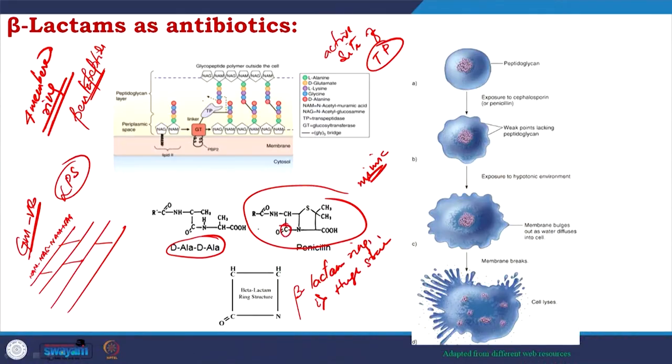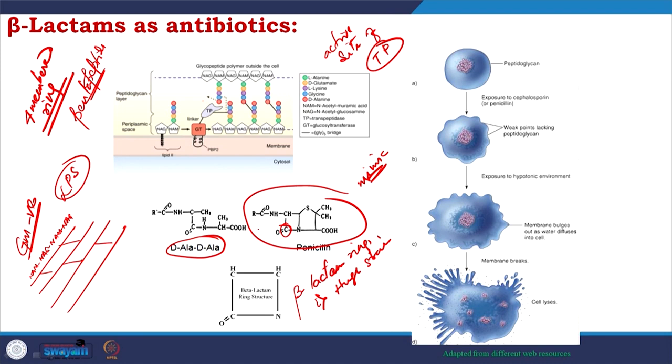Now, remember I talked about the strain because of the 90-degree angle in a 4-membered ring. When penicillin or other beta-lactams bind successfully on the active site of the enzyme transpeptidase, because of the angle strain, the ring wants to open, and the opening is enzymatically done by a serine residue which attacks the carbon of the beta-lactam ring.